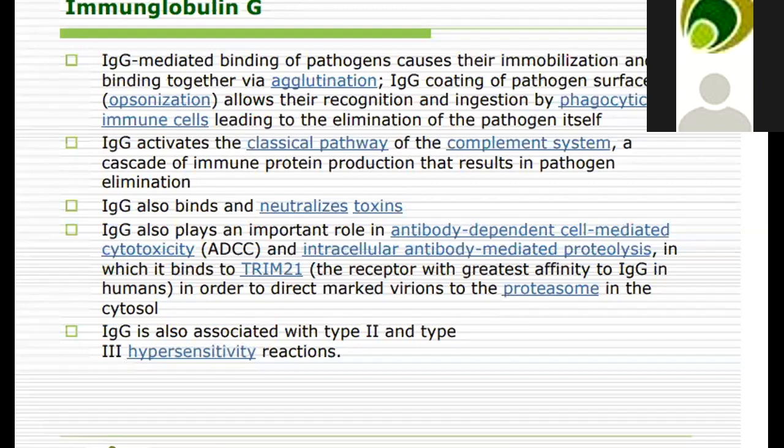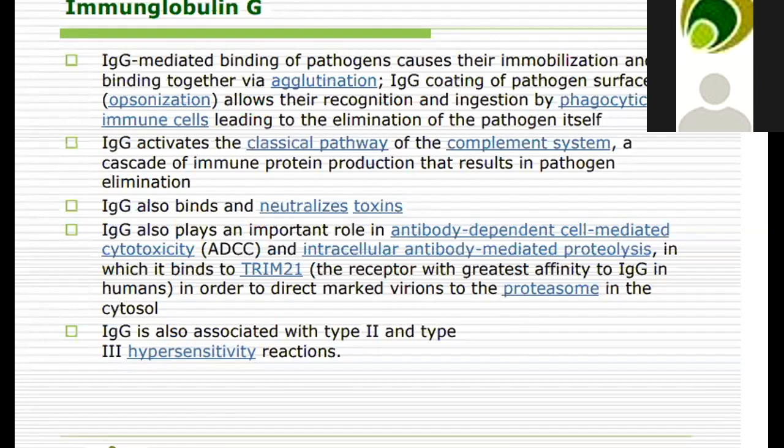Immune globulin G has also 2 binding arms. It's not produced in the early phase of an infection, and it's coating the surfaces by opsonization, and also it can do recognition and ingestion by the phagocytic immune cells, and then it can eliminate the pathogen again itself.